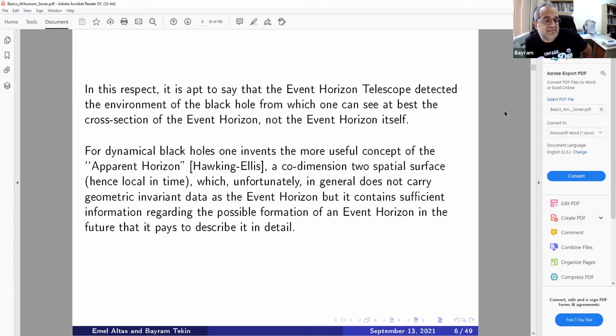So you might say, Dan, this is coordinate dependent. Yes, it is coordinate dependent. So you have to be very careful about it. But what is good about this apparent horizon is that it contains sufficient information regarding the possible formation of a future event horizon. So there are theorems. I won't prove these theorems, but it just says that if the dominant energy condition is satisfied within general relativity, whenever there is an apparent horizon, there will always be an event horizon in the future.